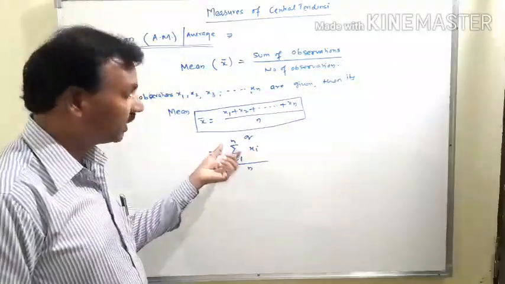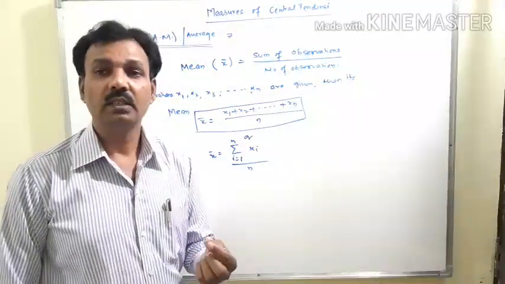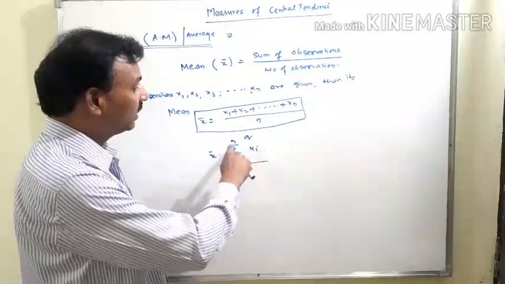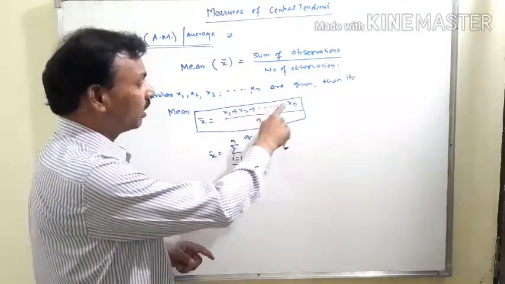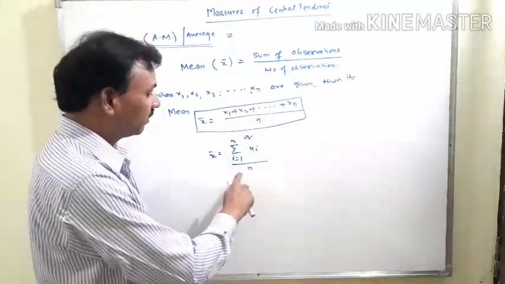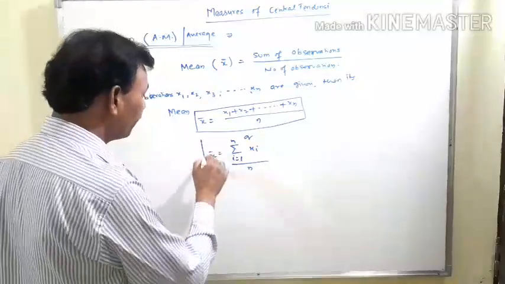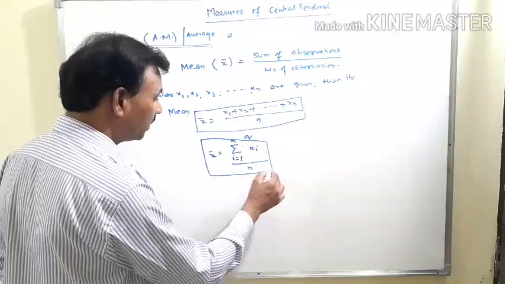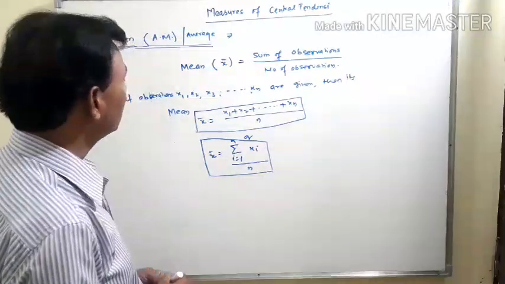The meaning of summation or sigma is addition. That means if we add the whole observations, this gives x1 plus x2 up to xn, divided by n. This is the formula for finding the mean of given observations.